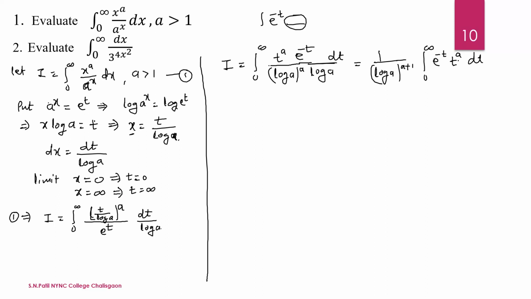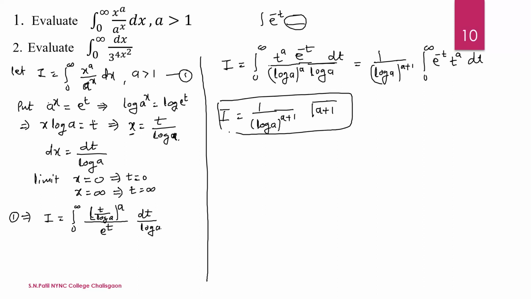Okay, now this is the result of the gamma function, that is I is equal to 1 upon log of a raised to a plus 1, and this is gamma of n plus 1, since the integral of e raised to minus t, t raised to n, is gamma of n plus 1. N is a, that is simply gamma of a plus 1. Okay, so this is the required result.